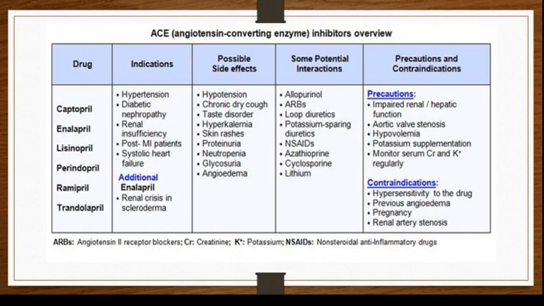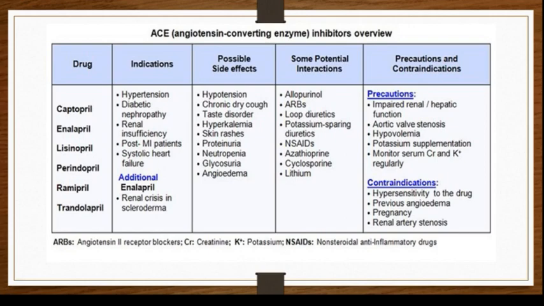But an important thing that I want to draw our attention to is the contraindications to these drugs. Now, it is also very important that we should not give an ACE inhibitor together with an angiotensin 2 receptor blocker. So it's very, very important.